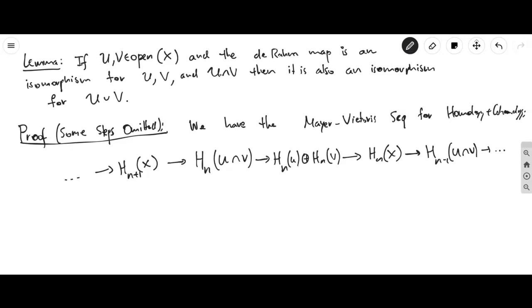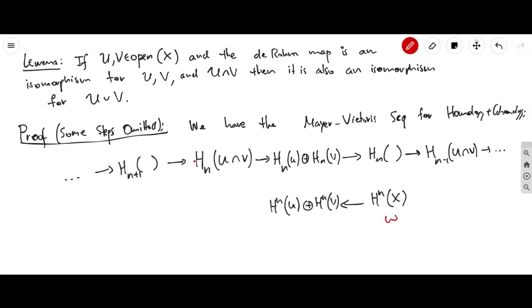But we also have an exact sequence for cohomology. This one will go a little bit differently. It will go, let's say, H^n of X, then H^n of U plus H^n of V. Maybe to briefly remind you, instead of using X, I should use the union.